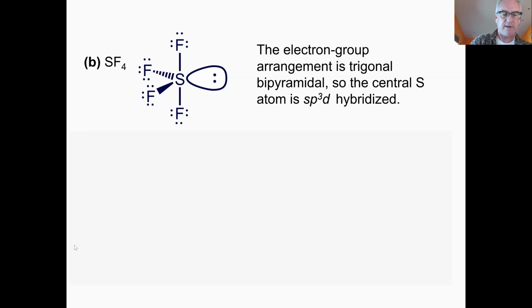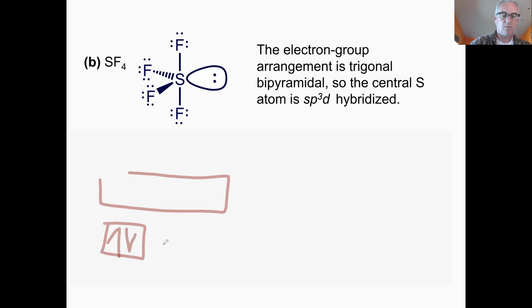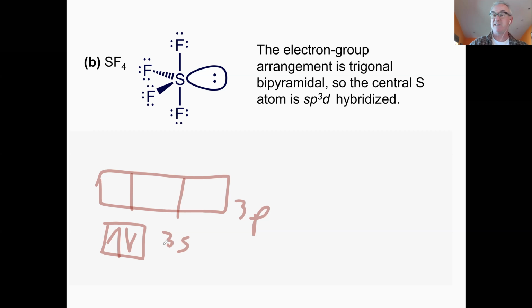So if we draw this, this is what the atomic structure for the electrons of sulfur would be. So we've got 3s, and just like oxygen, it's got 2 in the s, this time in 3, and then 3p. So it's got 4 in the p, 6 total, right?